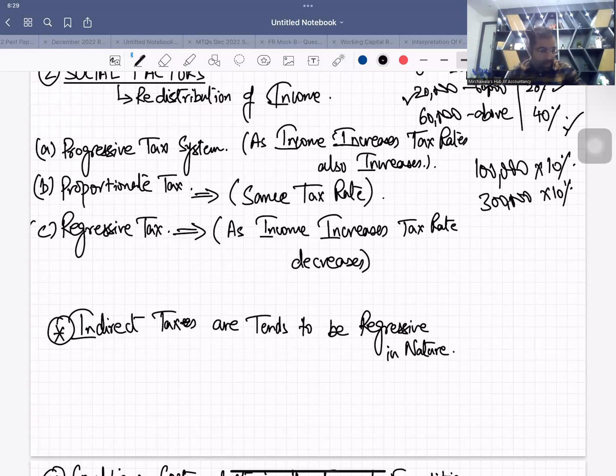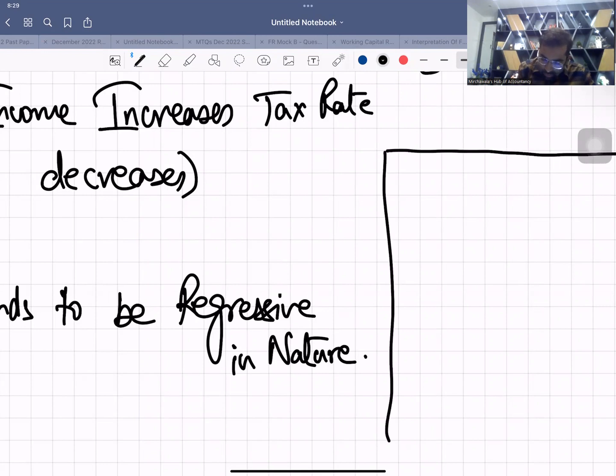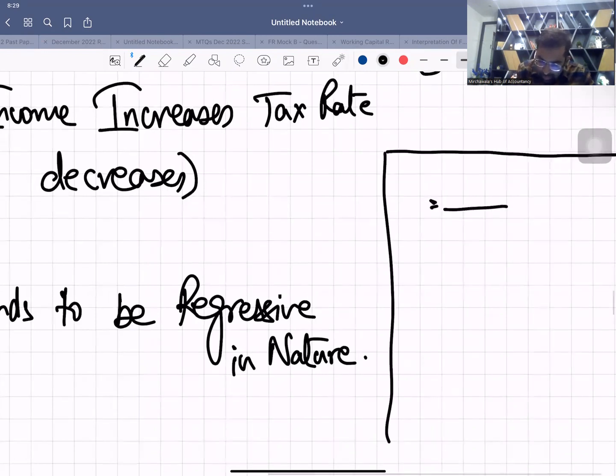Now giving you one example, listen. For example, my income is $100. And let us say I go to buy a Pepsi. In the Pepsi there is a GST or value added tax of $2.